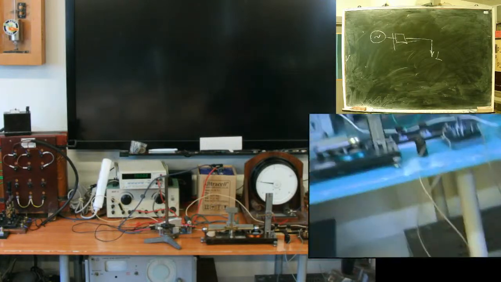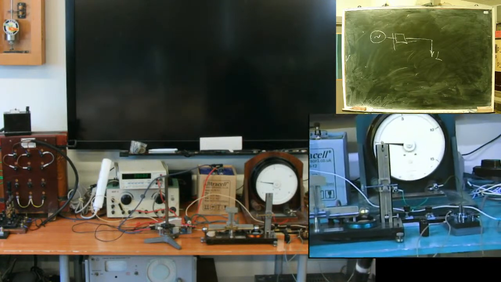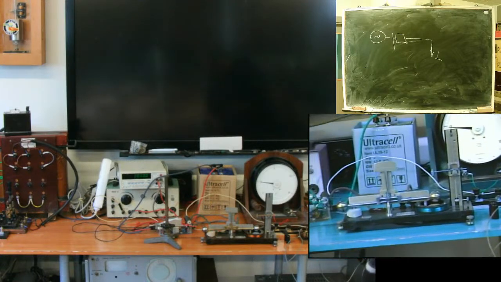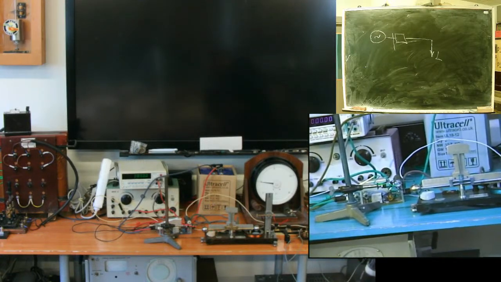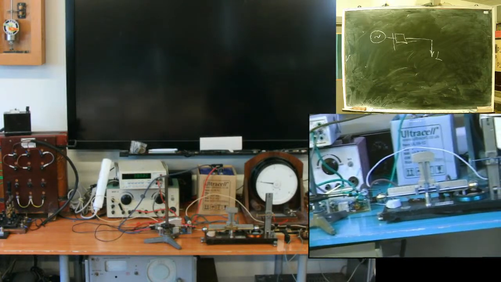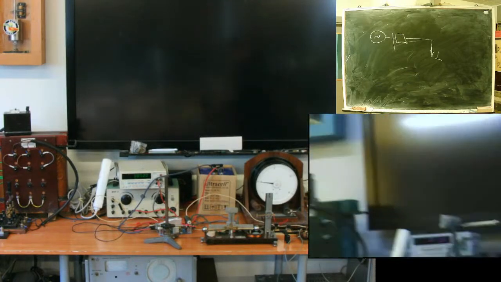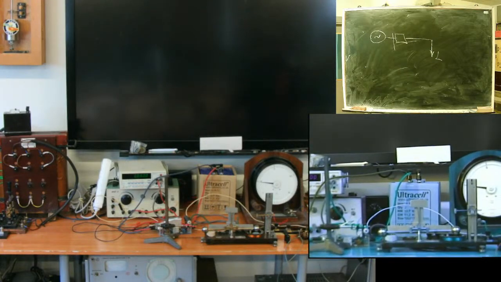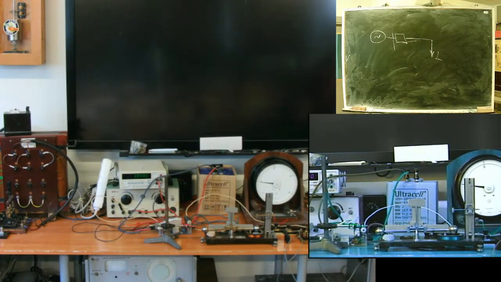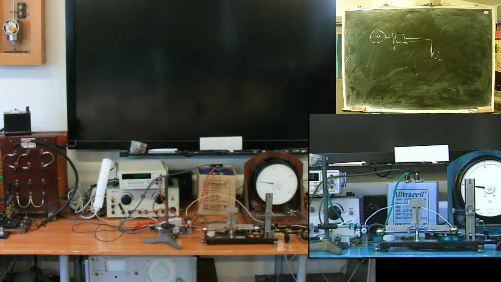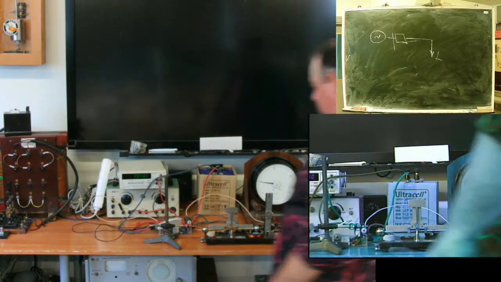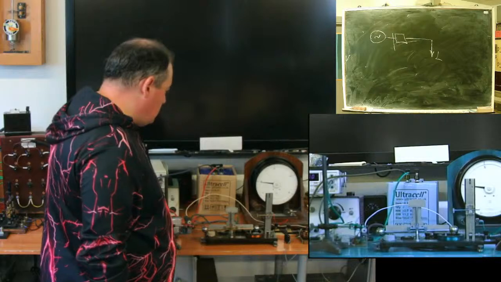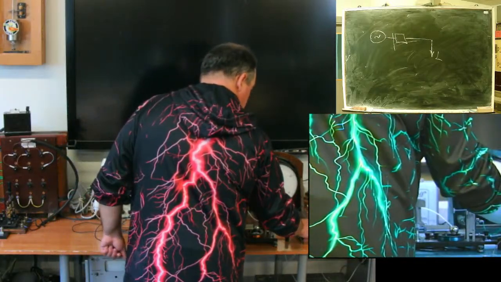Here, current balance, a pair of contacts. When the balance shifts, contacts are closed, and this triggers release of the switch. Let's try.